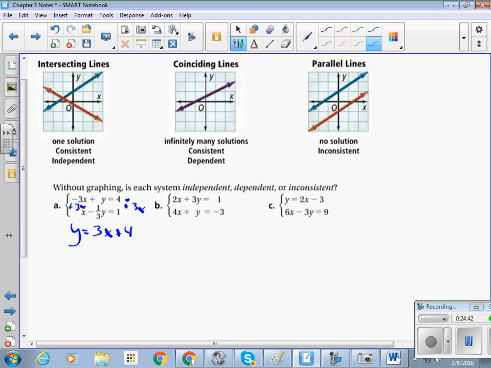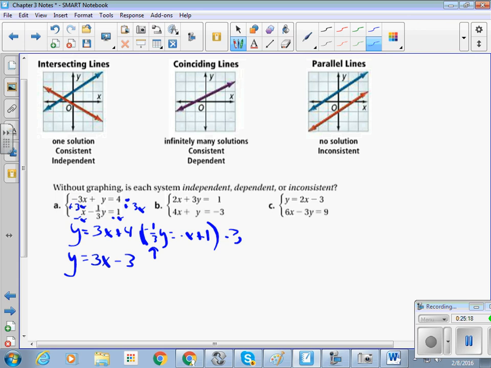And I'm going to take this equation here and subtract x from both sides. I get negative 1/3 y equals negative x plus 1. I'm going to multiply everything by negative 3, because that is the reciprocal of negative 1/3. So then I get y equals 3x minus 3.